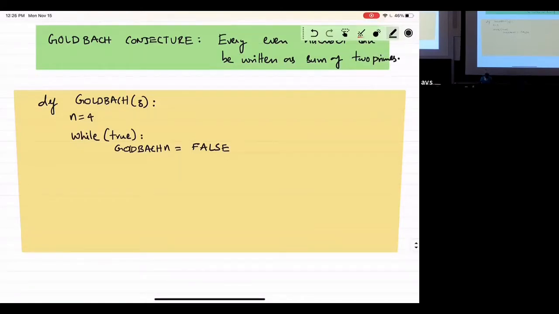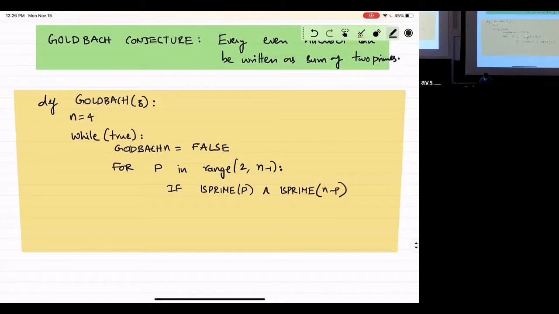So, for p in range 2 comma n minus 1, if p is prime, and n minus p is prime.